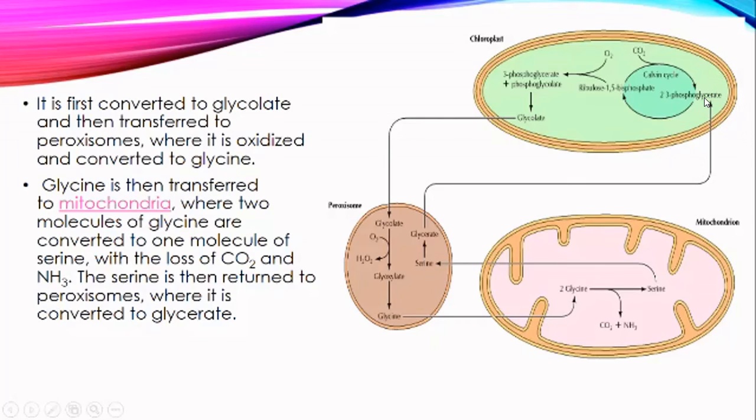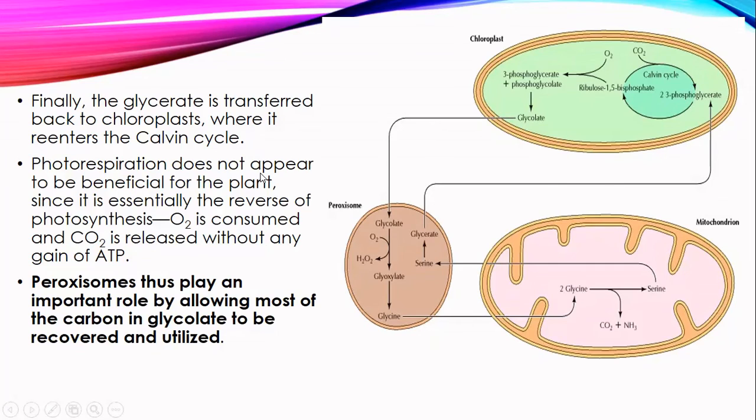So nasa position 2 and 3 na carbon na attach ang phosphate group. Okay. So peroxisomes play an important role by allowing most of the carbon in glycolate to be recovered and utilized. So converting the harmful substances and utilized to be useful again.